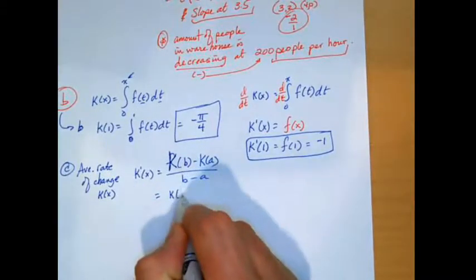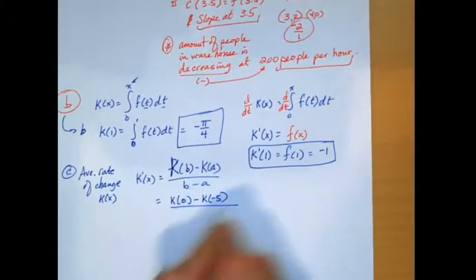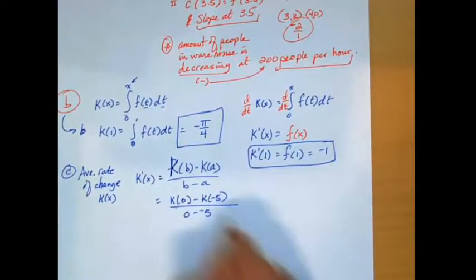So I need K of b, which is K of 0, minus K of -5, over 0 minus -5.